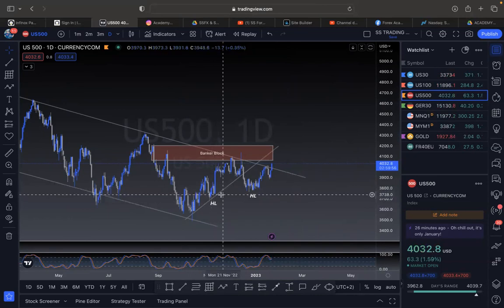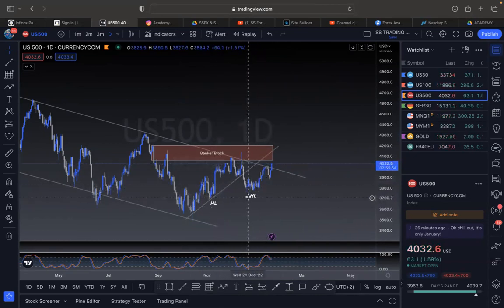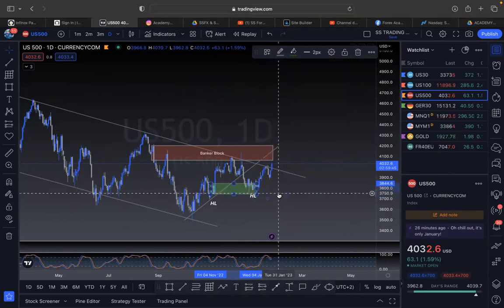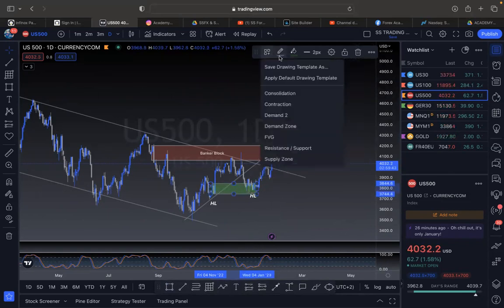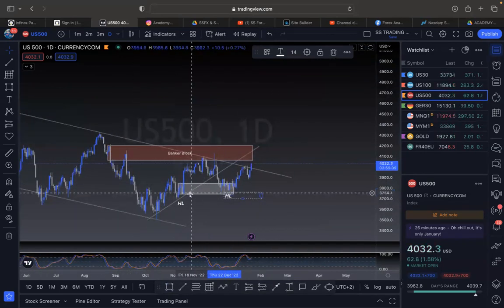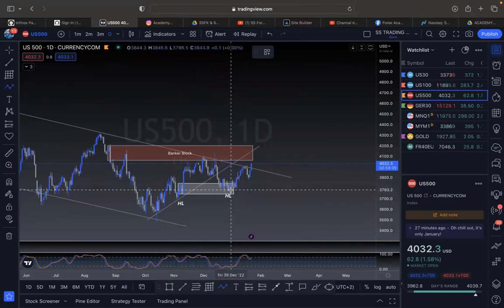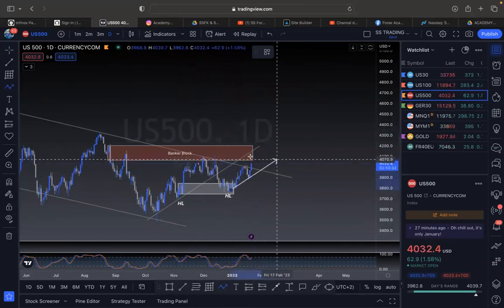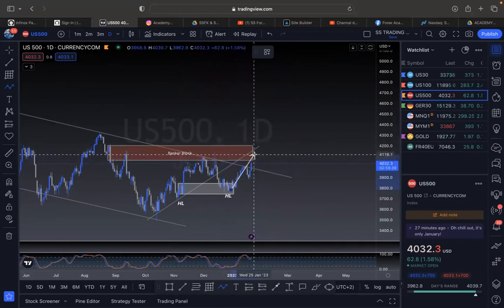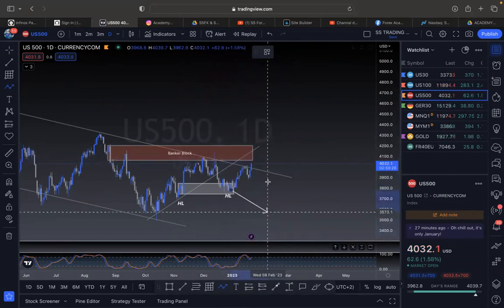Okay, so we failed to take out this low. So where are we running to next? We're obviously going for the high. Okay, so when you fail to take out a low, where you running to, guys? Price is going to run towards the high. If you fail to take out a high, price is going to run to take a low.